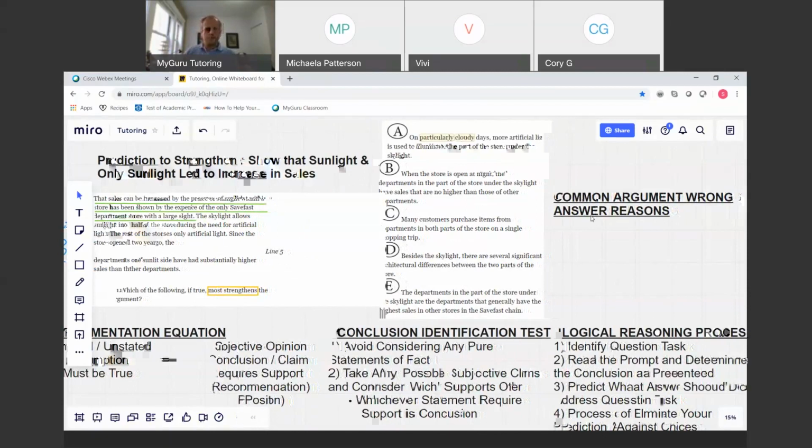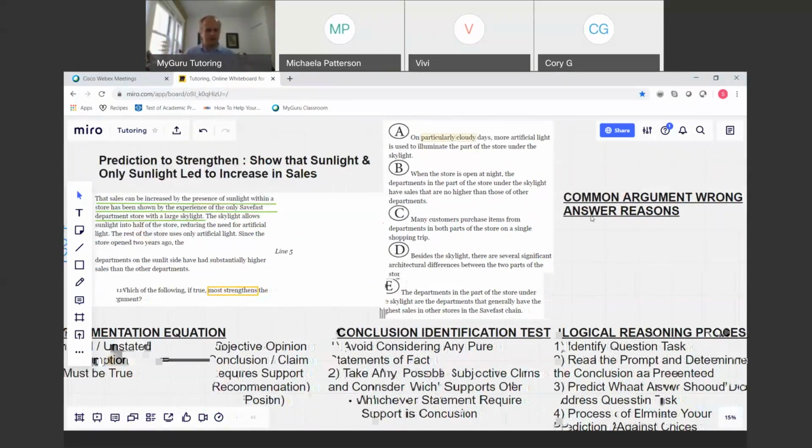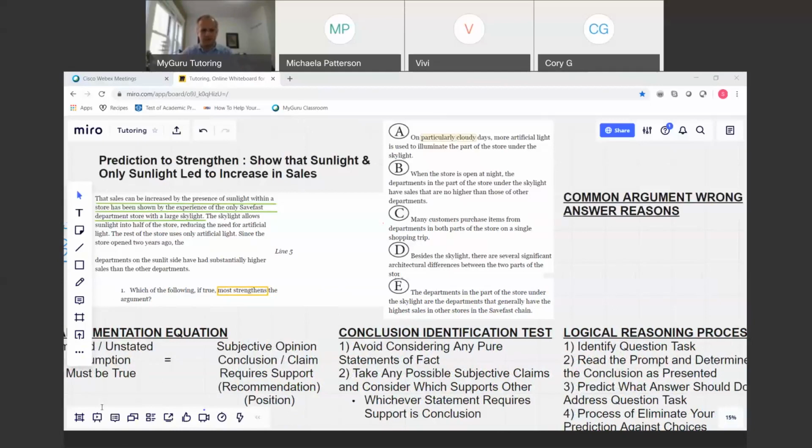So do we think that this strengthens? And you could just, in the chat box, answer, does it strengthen, yes or no? Strengthen, choice A, yes or no. So what does the group think about choice A? Does it strengthen the idea that the sunlight and only the sunlight has increased the sales?